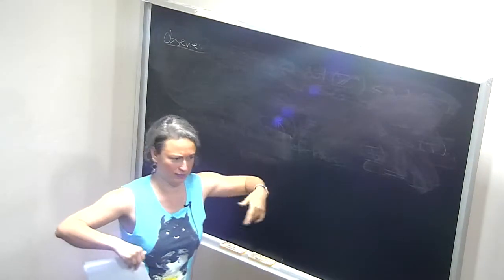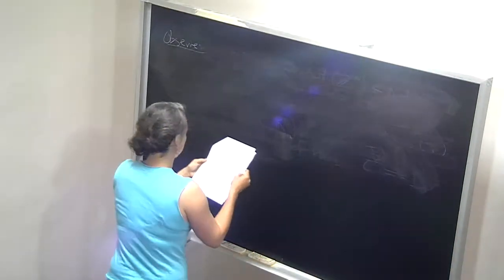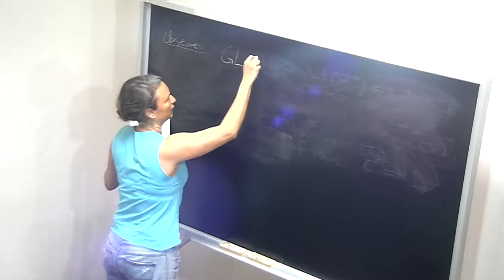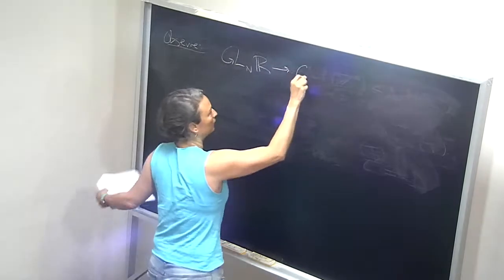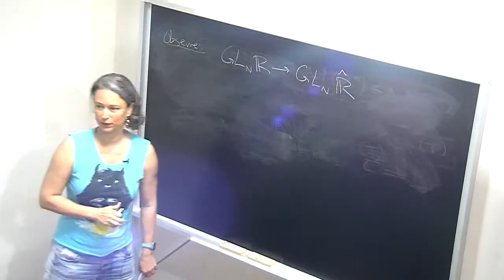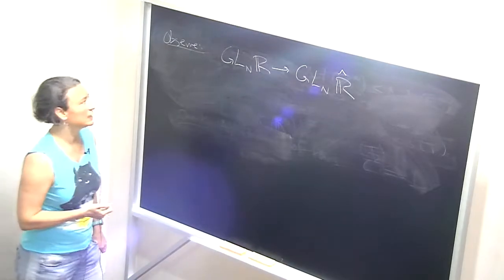Rn is isomorphic, as a vector space, to its dual. And so you could ask, do I have an isomorphism on the level of the general linear groups? And the answer is yes.